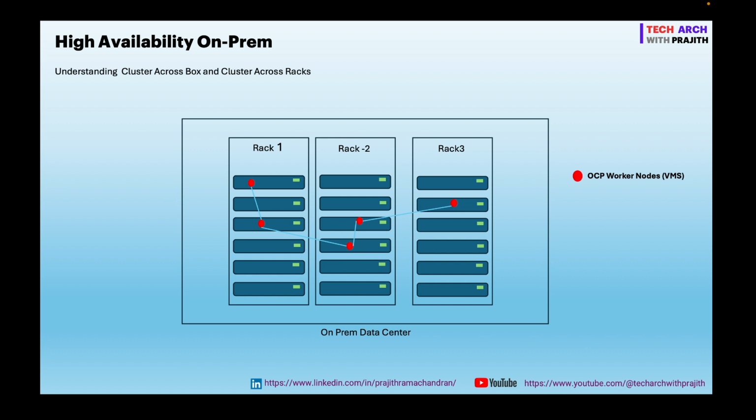Why? Because in case you lose server 1 on rack 1, you still have a worker node available in the same rack on server 3, right? Or in the case where the power to the whole rack is lost, then the whole rack is gone, but you still have 3 worker nodes available on rack 2 and rack 3, right?